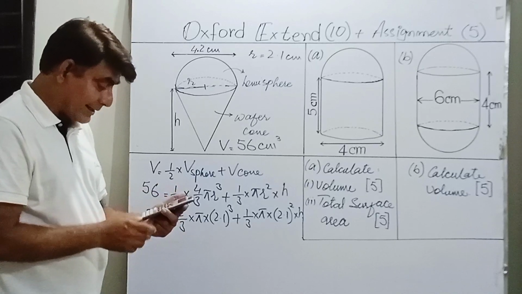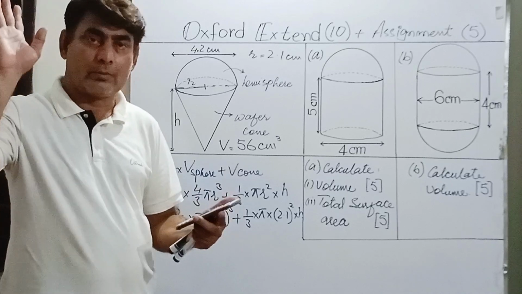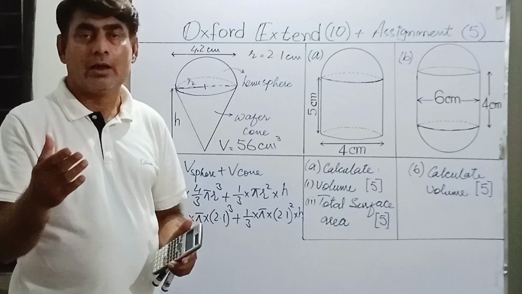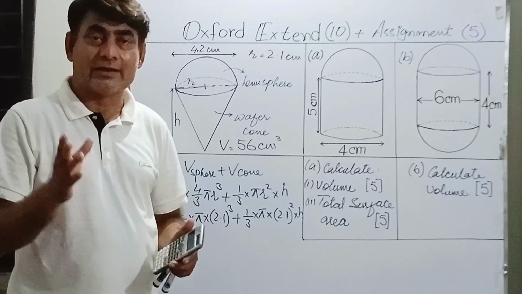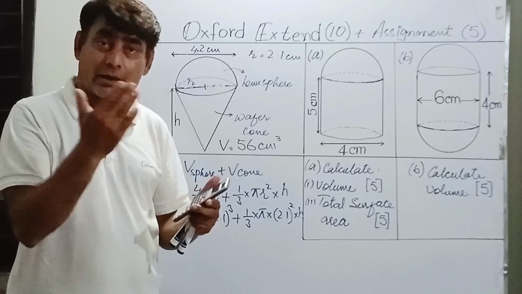The value is 19.39619 and so on. Now this is not the final answer. We have to write at least 3 to 4 significant figures, or we have to use the calculator for the last answer.